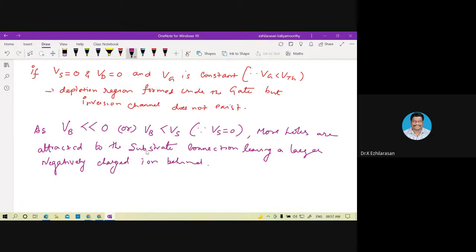That means the depletion region is wider. That is what happens.